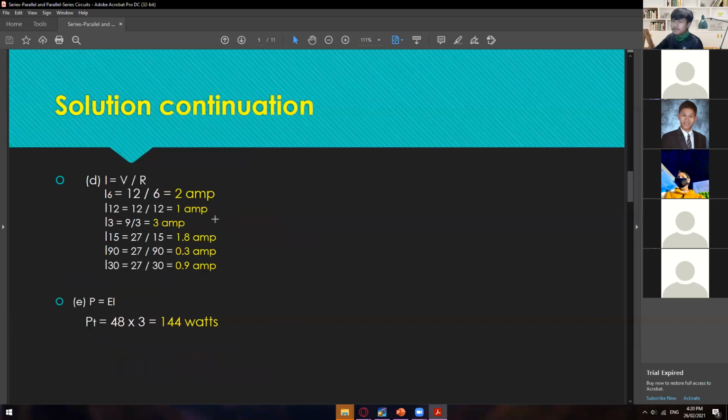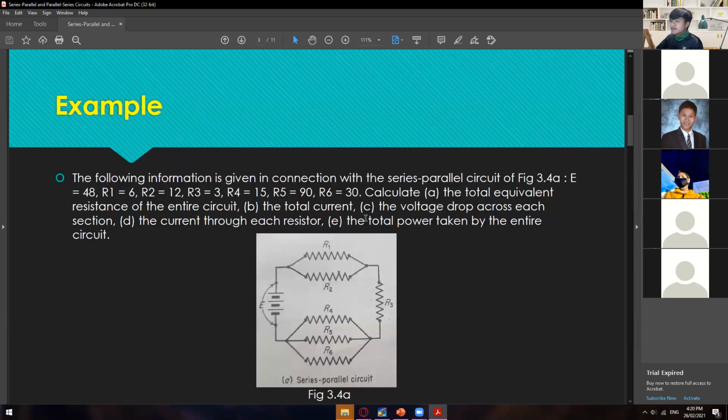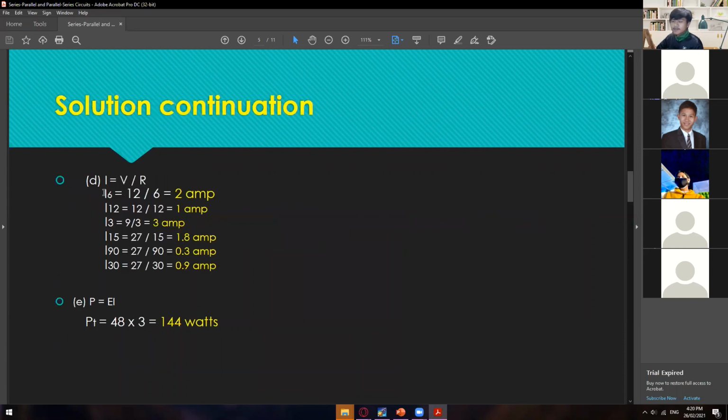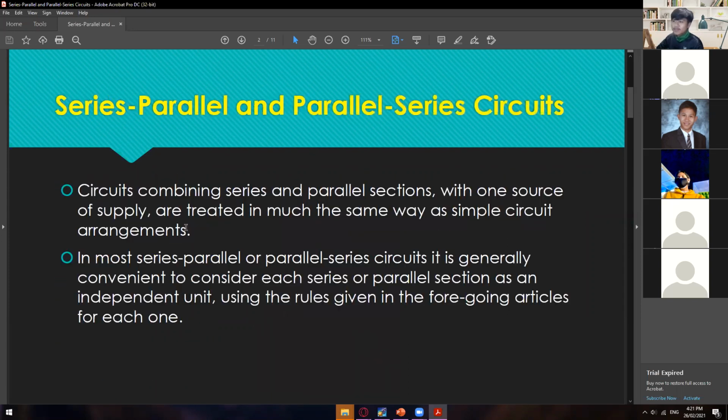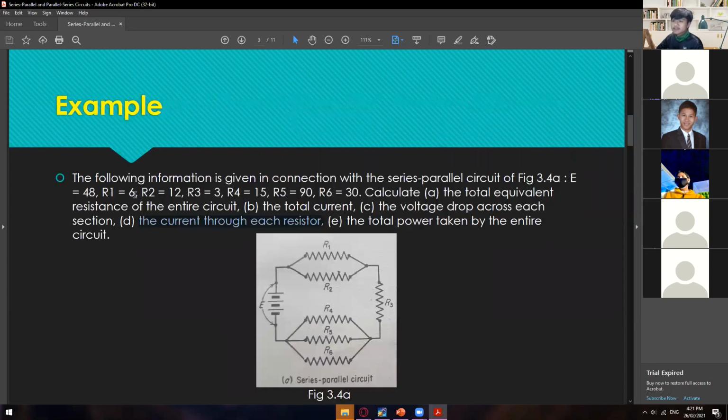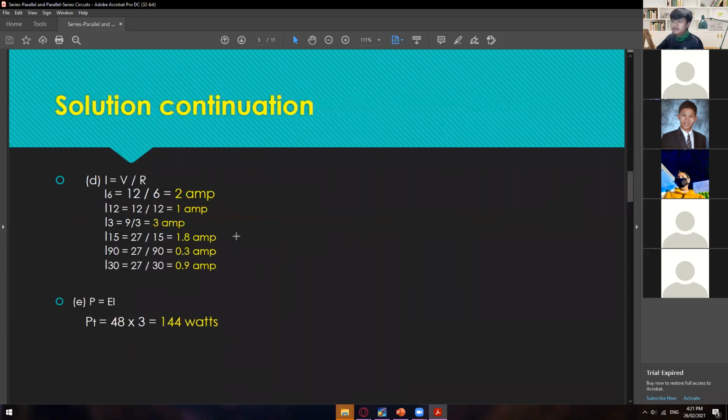All right, so moving on, we have here letter D. What is letter D? The current through each resistor. In here we have to get the current of R1, R2, R3, R4, R5, and then R6. They are arranged from R1 to R6.